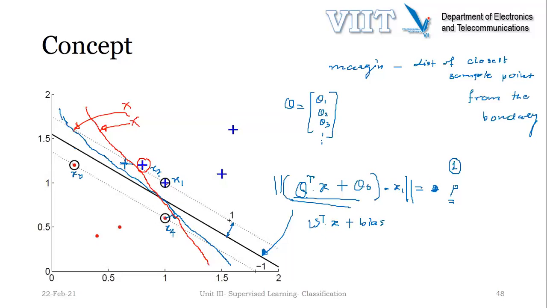All these sample points x1, x2, x3, x4, which are very close to the classification boundary, are in a way supporting, they are actually defining the classification boundary. So the classification boundary is being decided by this condition. And what are these x1, x2, x3, x4? All these are closest sample points, and these closest sample points are called support vectors.